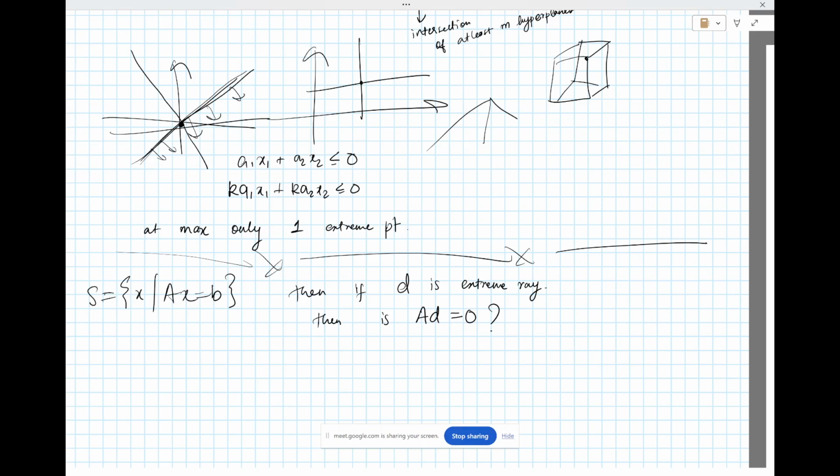Like we need to prove this basically. D is an extreme ray, then AD is equal to 0.